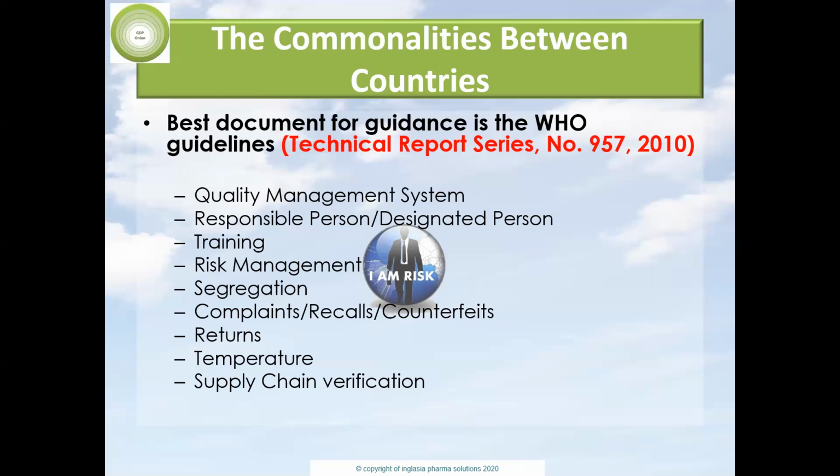Supply chain verification. Who are your suppliers? Who are you sourcing from? You need to know that all the way across the chain. And who are you selling to? And how do you do that? You need to check their licenses, make sure that they've actually got a legitimate license and do the notarized checks if it's in a foreign language.